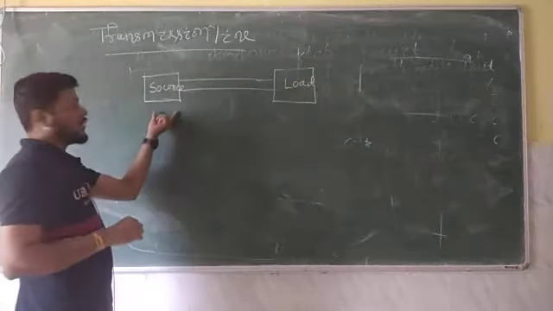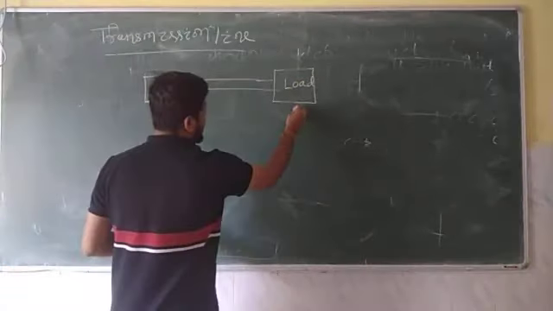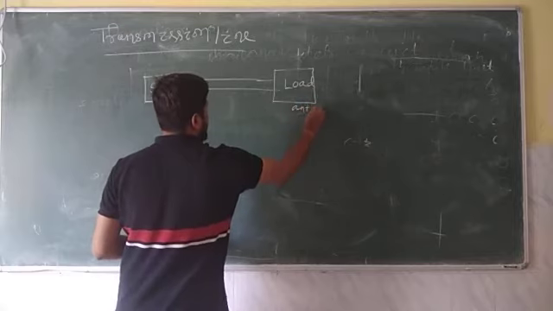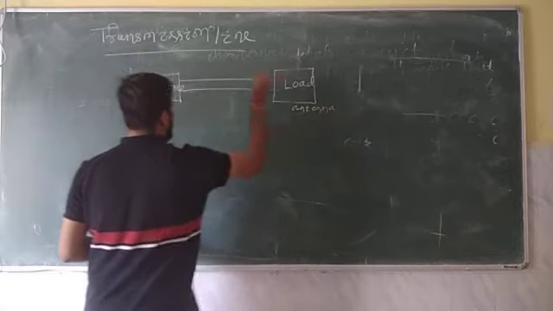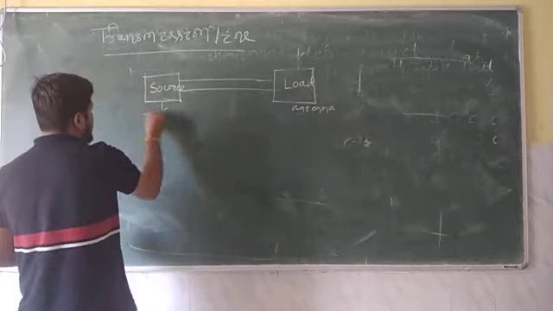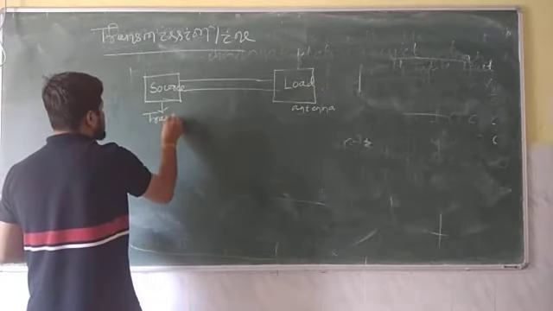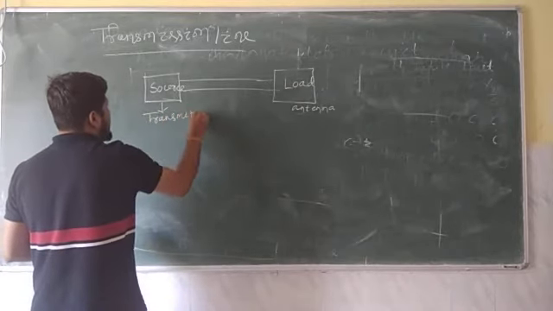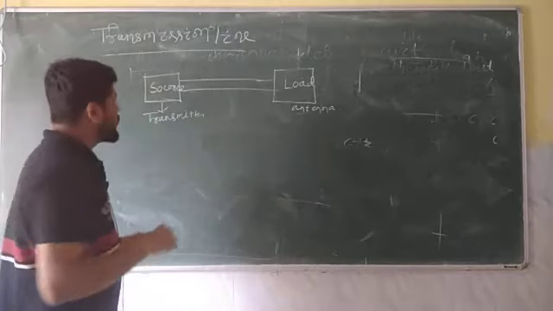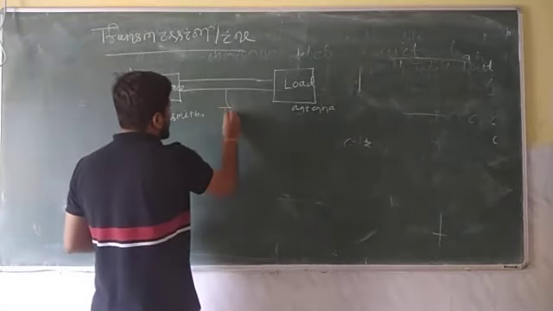So this is your source, that is your transmitter, and this is your, for example, antenna. Antenna here is represented as the load. Source is your transmitter, antenna is your load, and this is your transmission line.